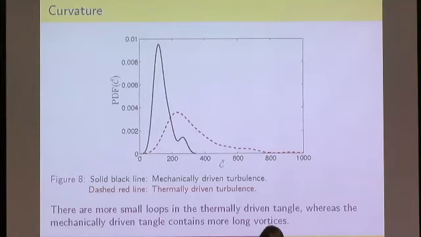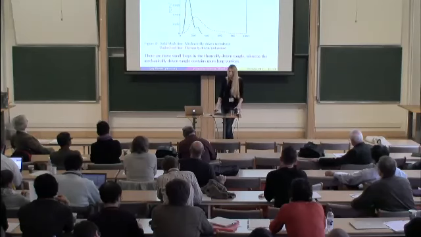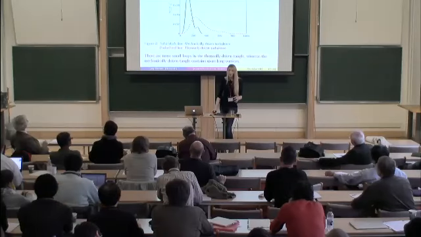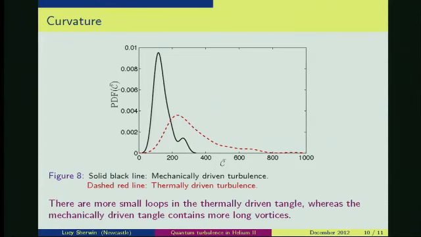And so when we plot this, we immediately notice that the mechanically driven turbulence, which is our black line, peaks at a relatively smaller curvature than the thermally driven turbulence, which is the red line here. So if I was to put this as simply as I could, if we were to visualize these tangles in our box, then the mechanically driven turbulence would look more like long spaghetti, and the thermally driven turbulence would be much more like spaghetti hoops.